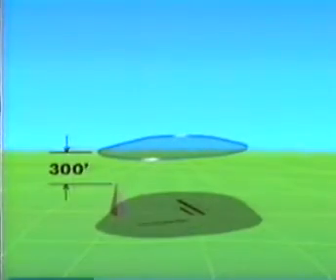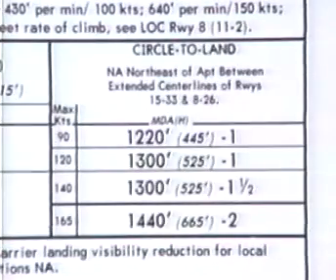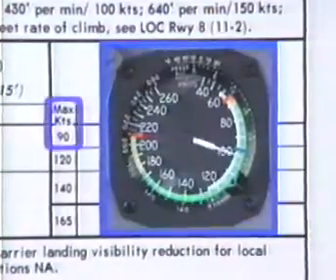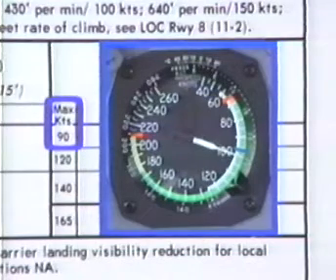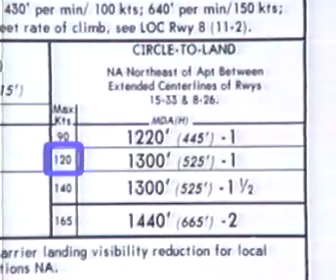The obstacle clearance within these areas is 300 feet. As the aircraft approach speed increases, the minimums normally increase. Therefore, if you're flying the maneuver at an indicated airspeed faster than the speed range for your category of aircraft, use the minimums for the next higher speed range.